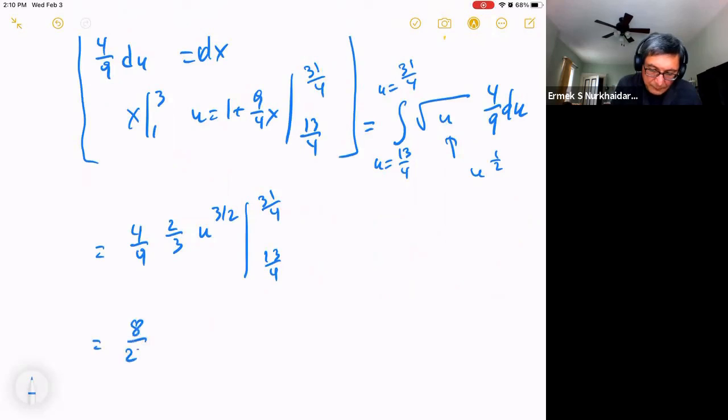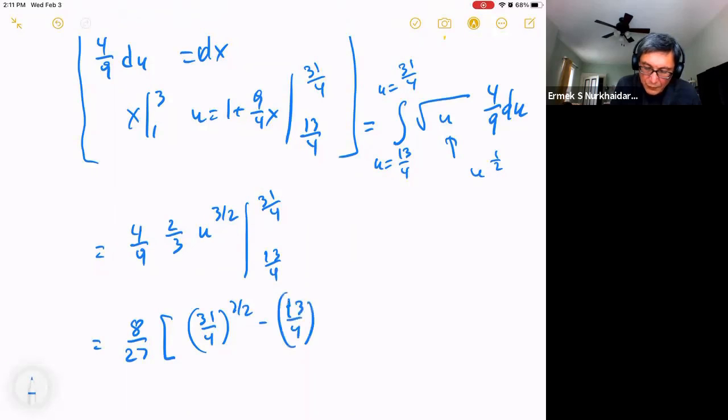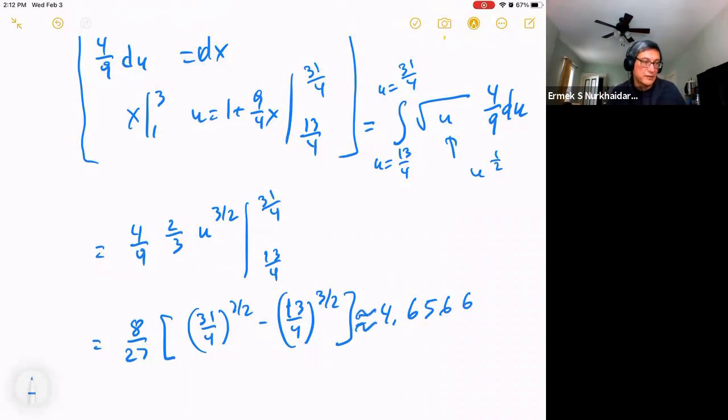So 8 over 27, times 31/4 to the 3/2 minus 13/4 to the 3/2. And at this point, grab a calculator, do the calculations, approximate your answer to a couple of decimals, and be done with it. So if I'm correct, I got 4.6566. So I got 4 decimals.